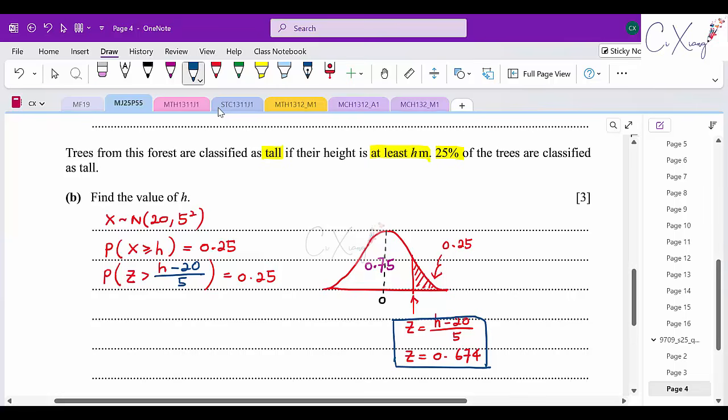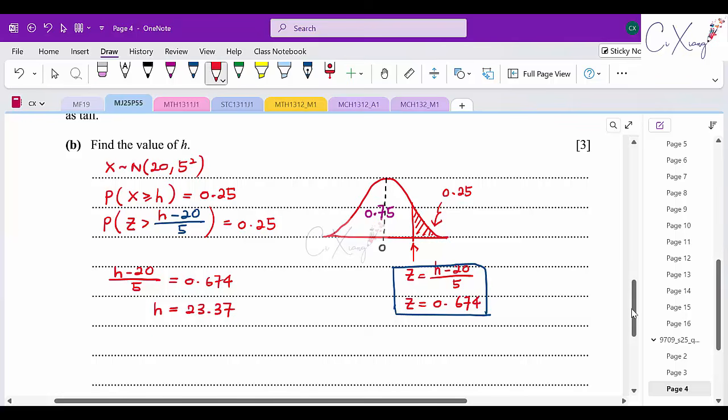This is how you get the value of h. So h minus 20 divided by 5 equals 0.674. What's the value of h eventually? You move all the numbers to one side and you get h equals 23.37. Then of course, we correct it to 3 significant figures. Therefore, h should be 23.4.